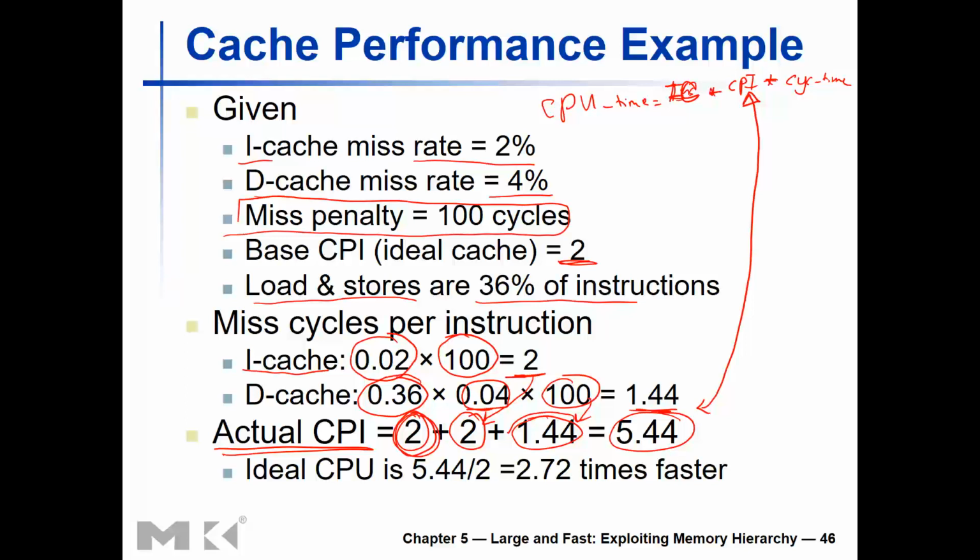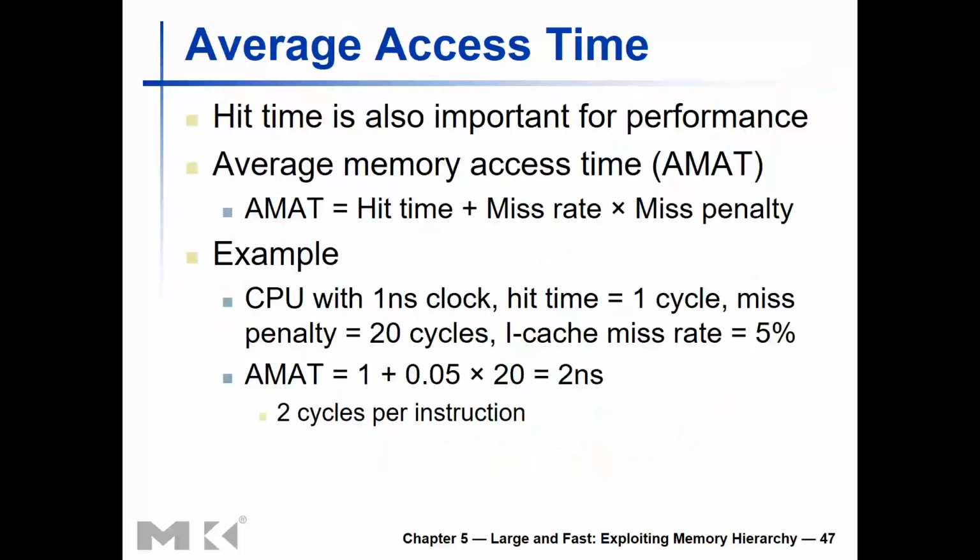He's asking me to check what the actual CPI is. So this is the ideal CPI when I have a hit rate of 100%. But because I have misses, my actual CPI will differ. Okay.